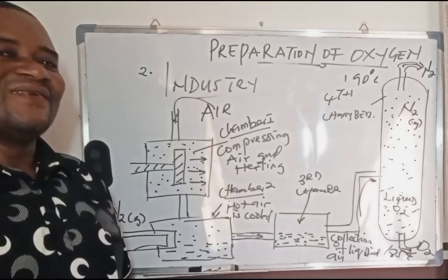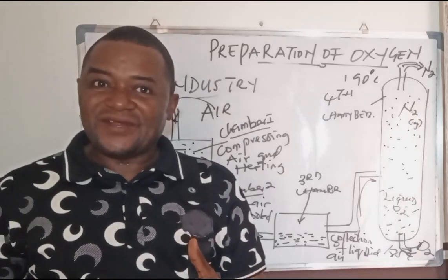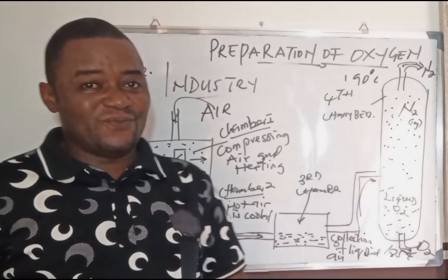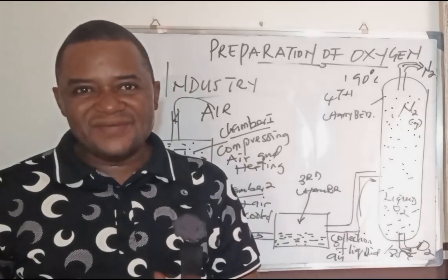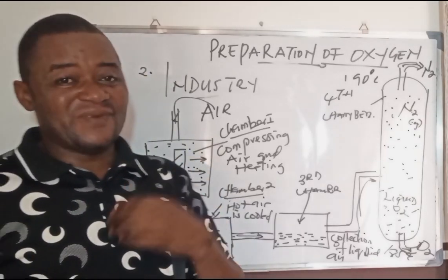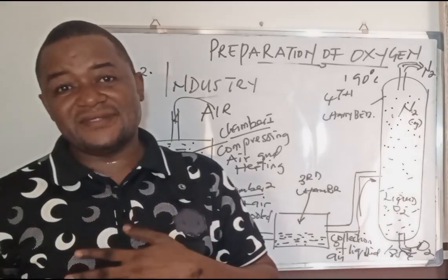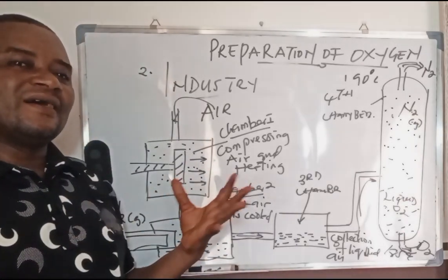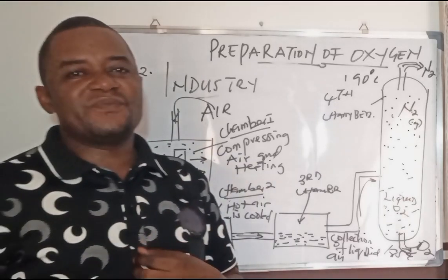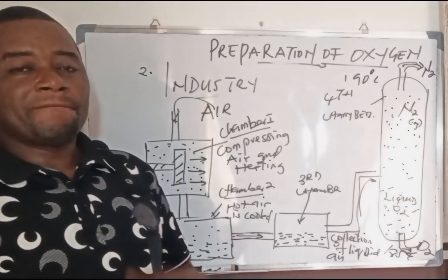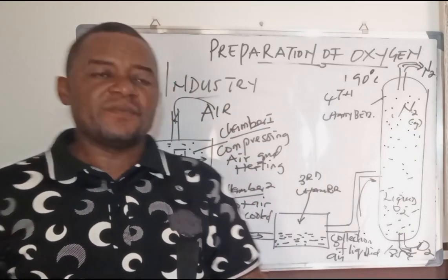Now in today's class, we have been able to discuss how we can prepare oxygen in the laboratory by simply thermal decomposition of potassium tetraoxochlorate 5 with potassium permanganate, and then we also discussed how we can prepare it in the laboratory using hydrogen peroxide, still with what? With potassium permanganate or manganese oxide, sorry, as the case may be.